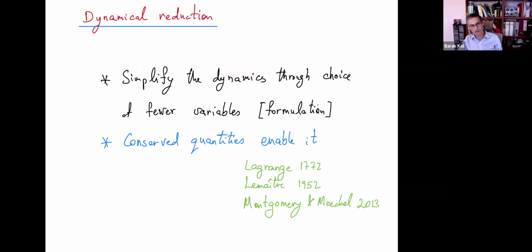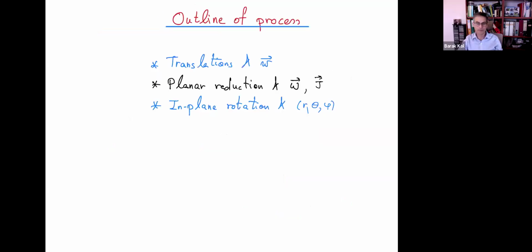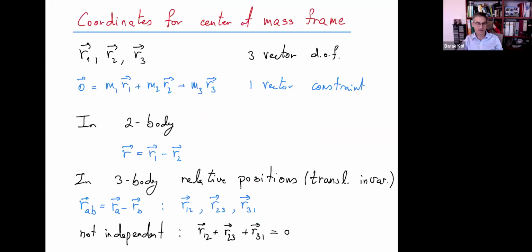And in that sense, it's a reduction. This is possible thanks to the availability of conserved quantities. So we'll have roughly 3-4 steps. Let's start with the first step.